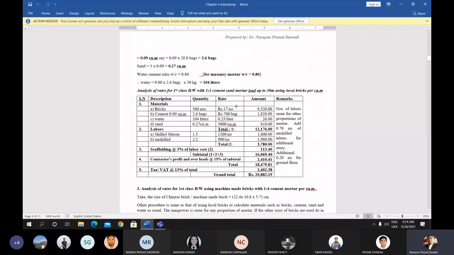The proportion may be different for the cement and mortar: 1:3, 1:4, 1:6. Anyway, this proportion is used to find the quantity of the mortar. As I have already told you about how to calculate the quantity of the mortar, you must provide some percentage of the weight of mortar for the dry volume of the mortar.